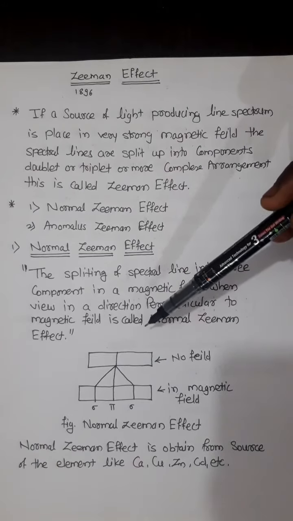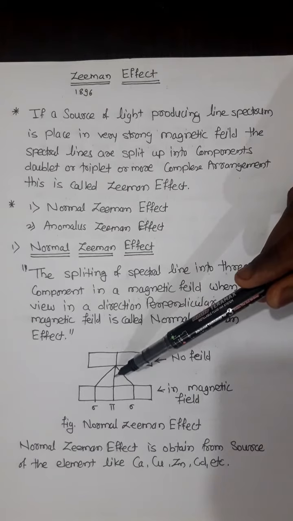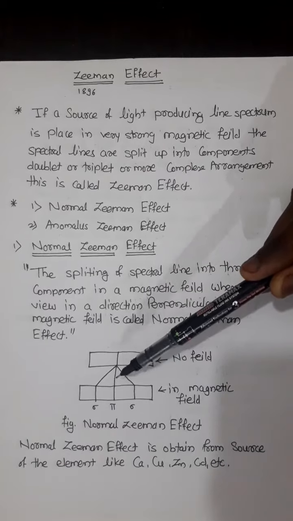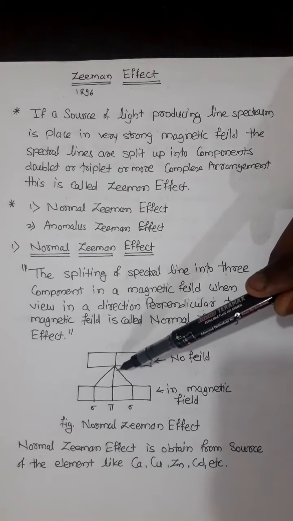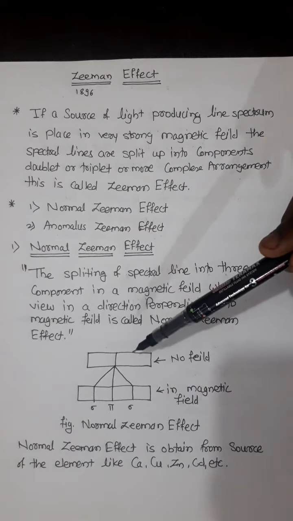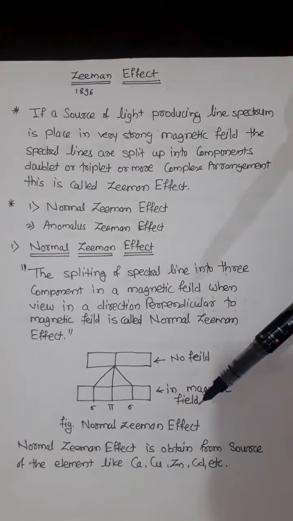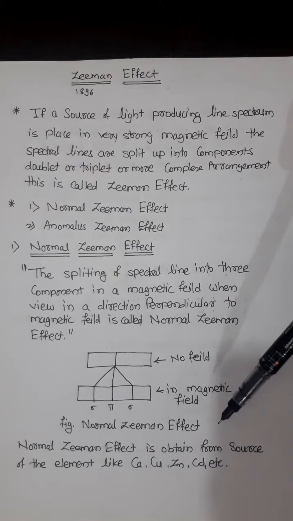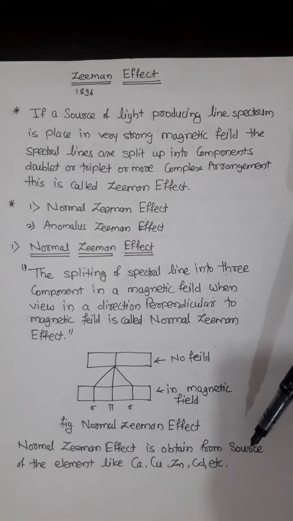Consider the figure: this is a spectral line and we are splitting it into 3 components, and this is the perpendicular direction. So this phenomenon is called normal Zeeman effect. Normal Zeeman effect is obtained from sources of elements like calcium, cobalt, zinc and cadmium.